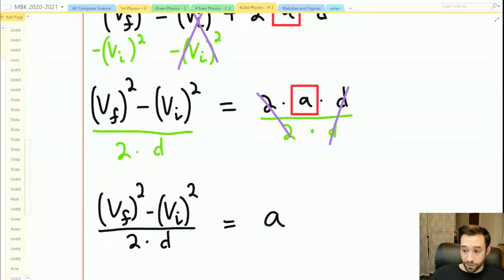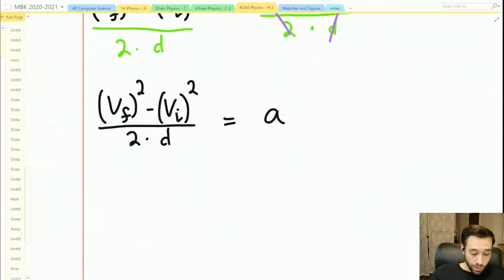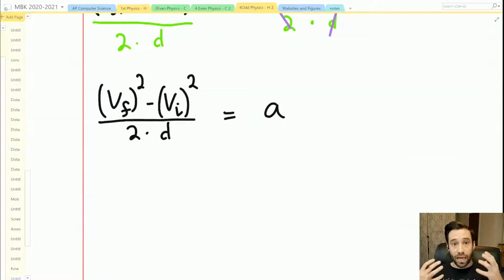Does that make sense? So when we have expressions like this, we don't typically have the expression and then the variable that it's equal to. You know what I mean? So I'm just going to flip sides, which doesn't change the expression at all.